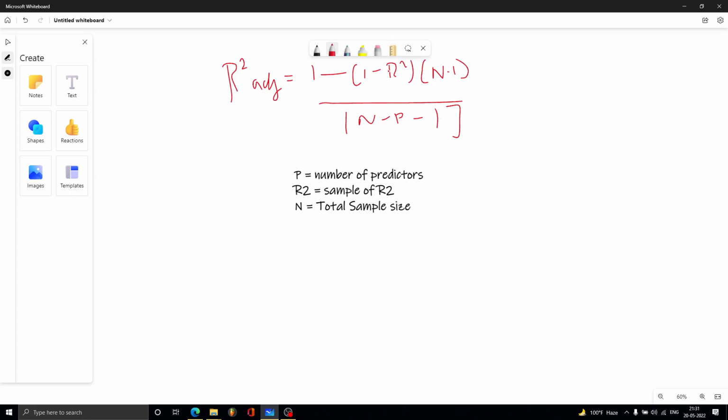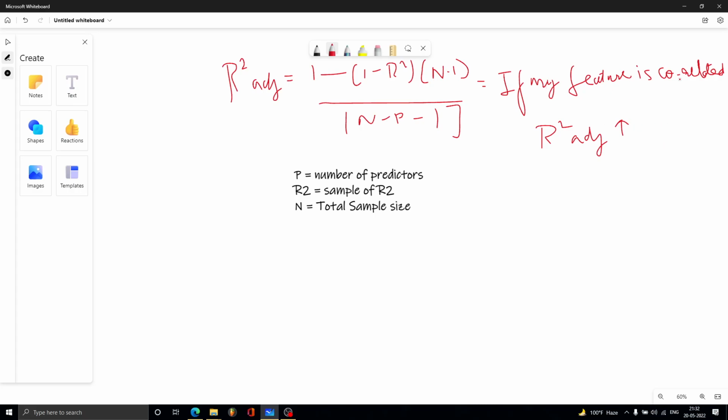So if my feature is correlated, learn this thing, then R square adjusted keeps on increasing.